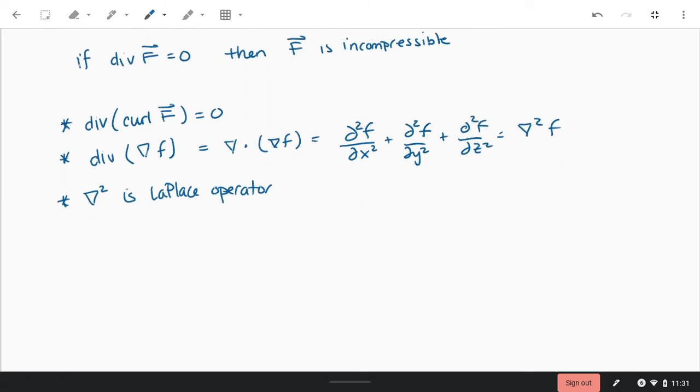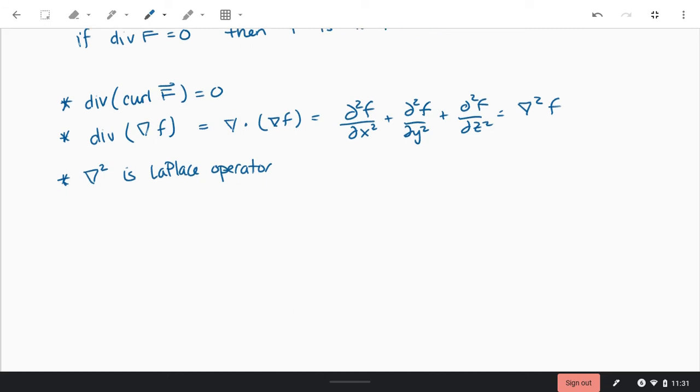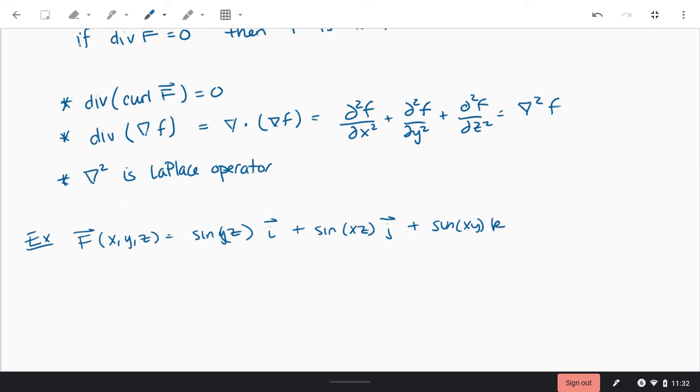Okay. All right. Let's do a little bit with this guy. So if we go back to the exercise we had before, where f(x, y, z) is sine yz in the i plus sine xz in the j plus sine xy in the k.